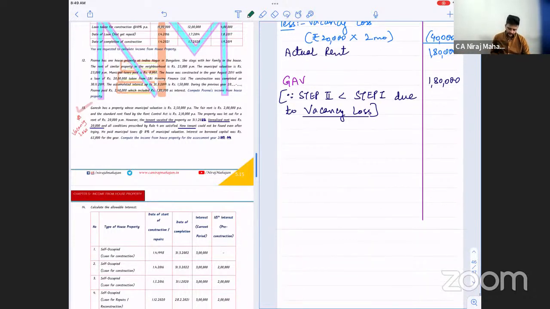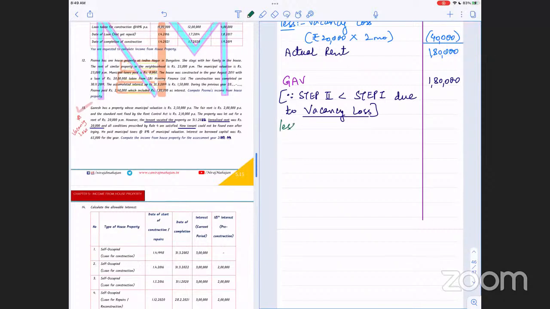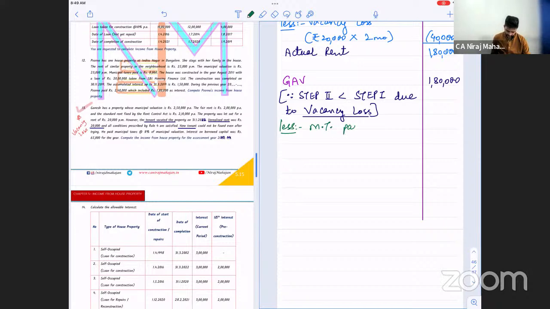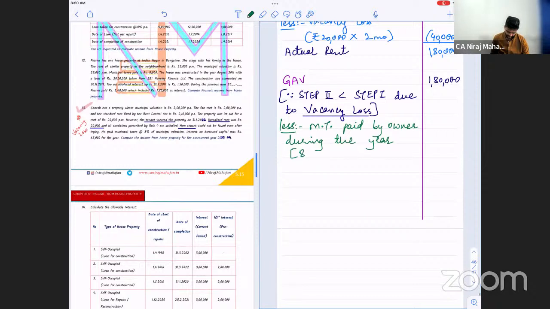All right. So what do we reduce from GAV? Municipal tax. Correct. Municipal taxes paid by owner during the year. Here it's 8% of municipal valuation. So 8% of 2,50,000.